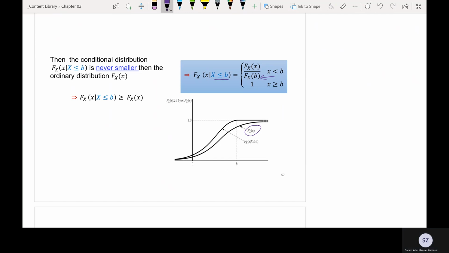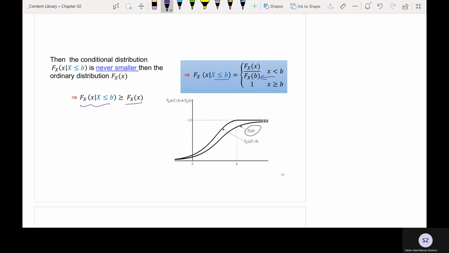Smaller, it's a probability. It's the probability that X is less than b, right? So the denominator is smaller, which means that the whole thing is larger. Is this larger or smaller than F_X? Clear, guys? If the denominator is smaller, then the conditional probability is always larger than or equal to F_X.